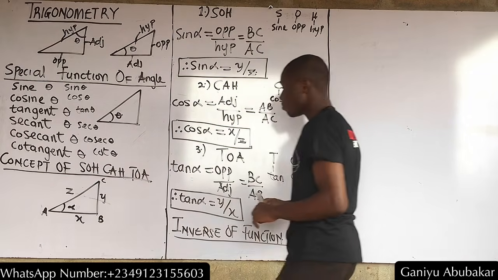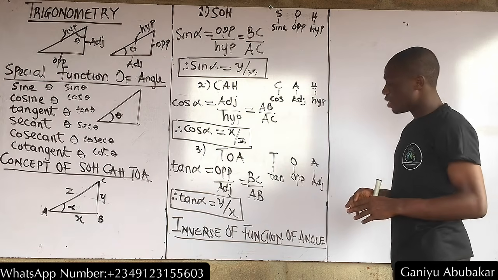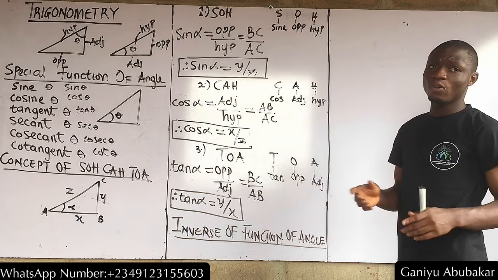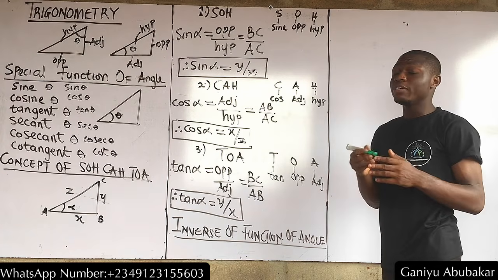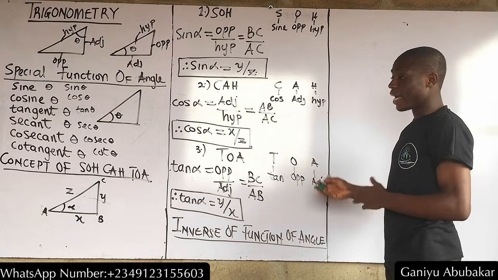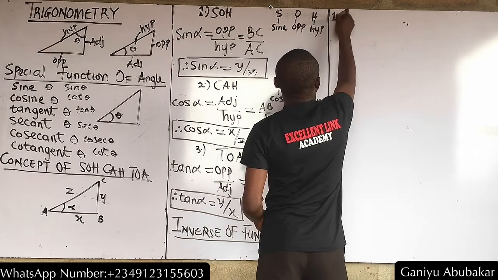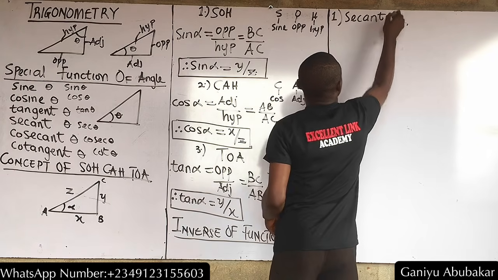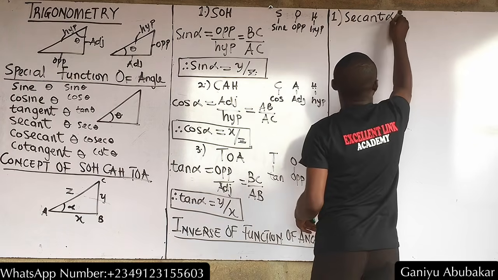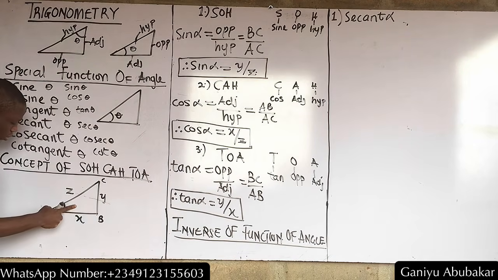At this point here, there are about three distinct inverse functions of angle, ranging from secant, cosecant, and cotangent. So the first one there is called secant. Secant alpha, because the angle I'm considering here is alpha.